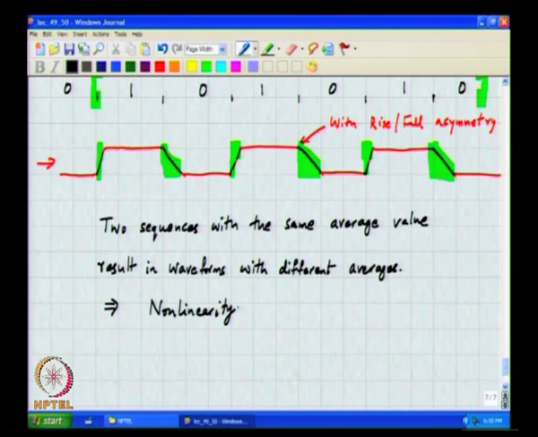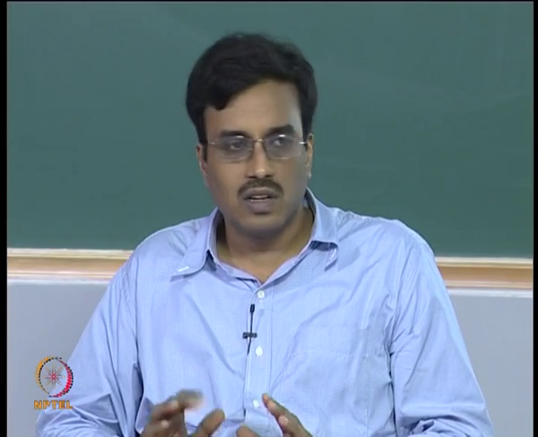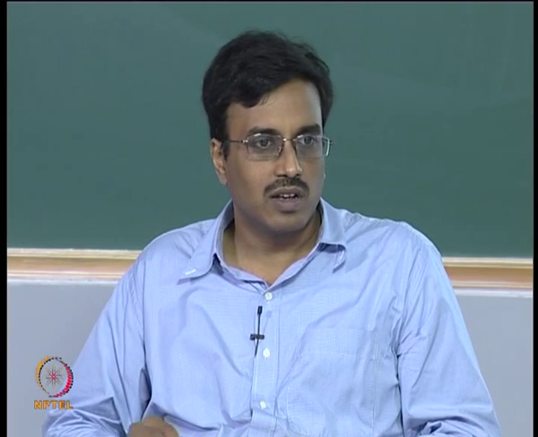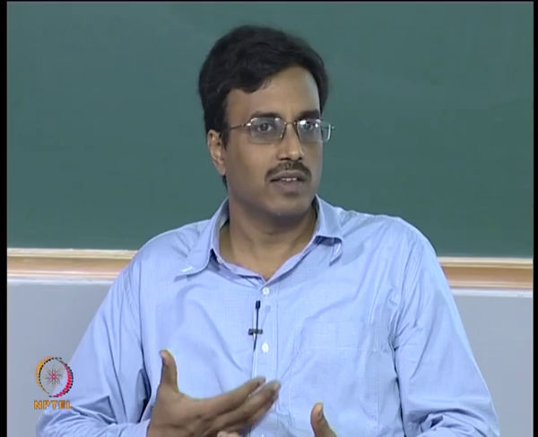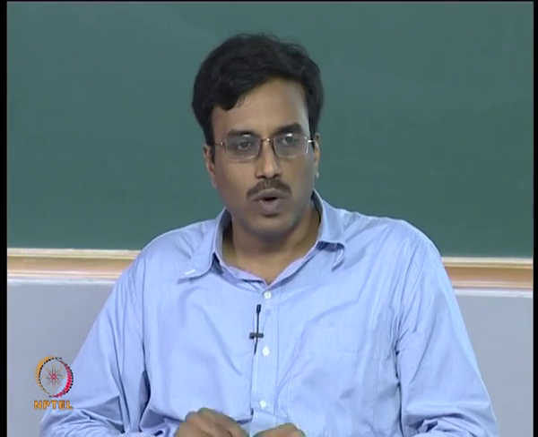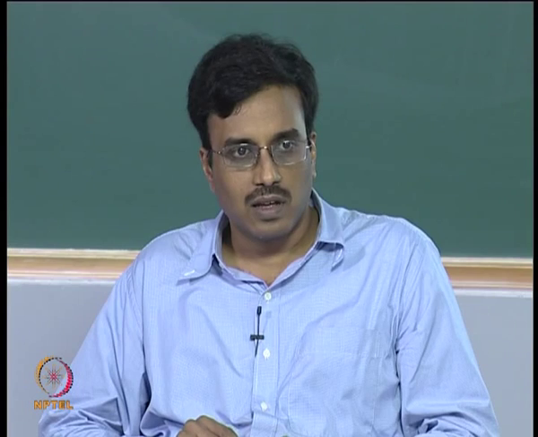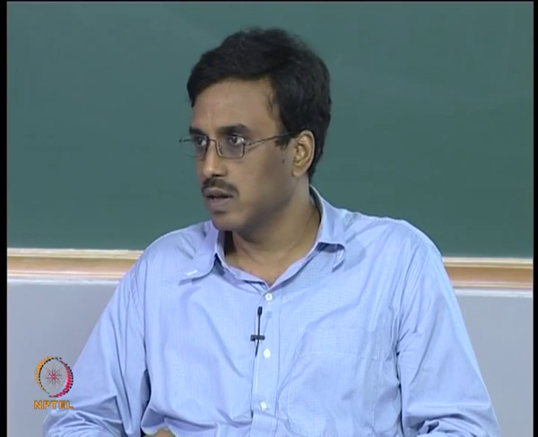And this is all that is needed to establish that rise and fall time asymmetry causes non-linearity. Of course, to characterize this very carefully you can do it, but the bottom line is that using an NRZ DAC pulse shape with rise and fall time asymmetry will result in non-linearity.